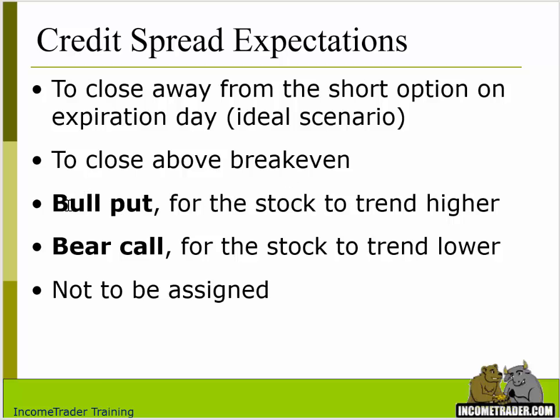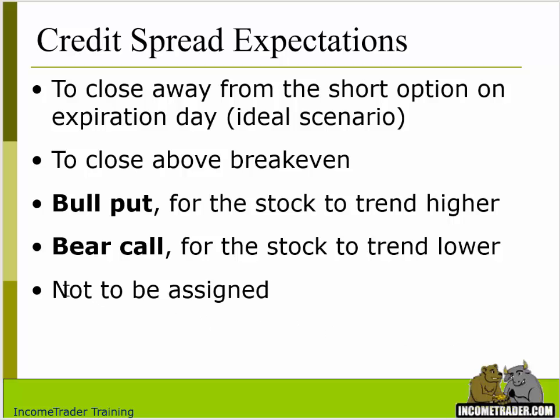So ideally, on a bull put spread, we want the stock to be trending higher, and we'd like to have the options expire worthless. In a bear call credit spread, we would like, as it says, to have the stock be in a bearish mode and trending lower as we enter into a call credit spread.